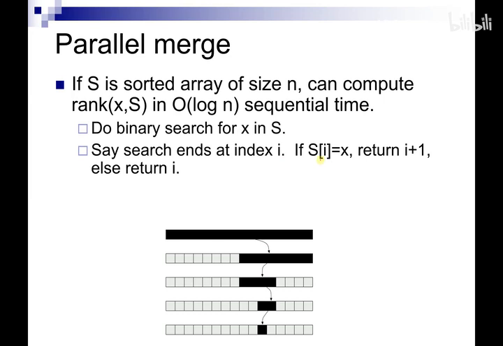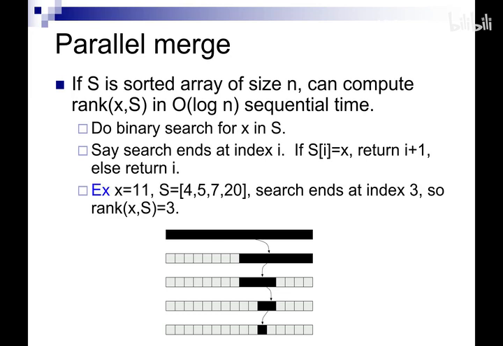So either at this index the value is equal to x, in which case the rank is going to be i plus 1, or if it's not equal to x, the rank is going to be equal to i. And this binary search with one processor is going to take you log n time. Therefore, we can compute the rank of any number in any set of size n in just log n time using one processor.